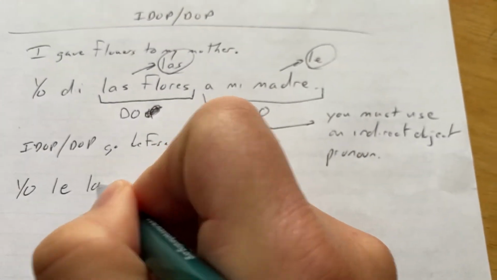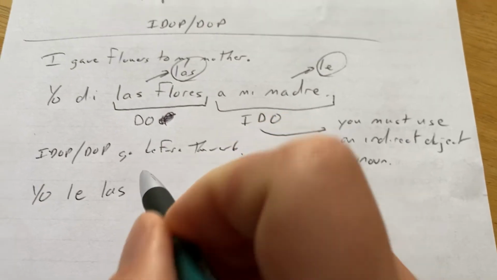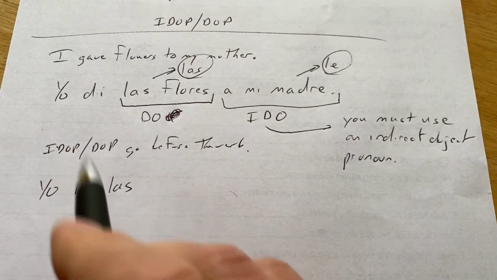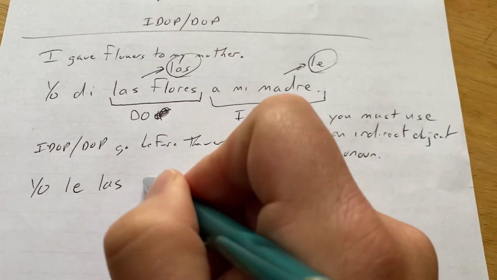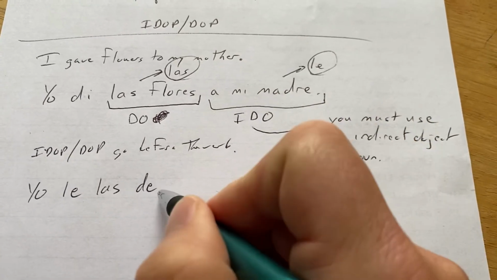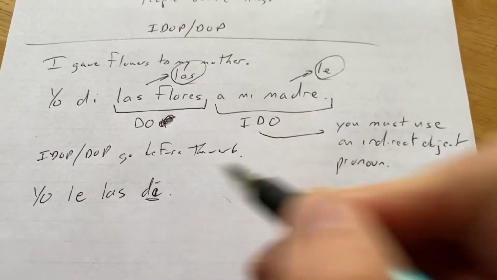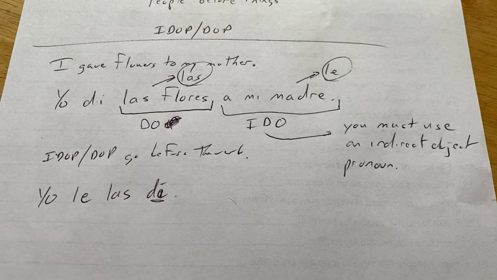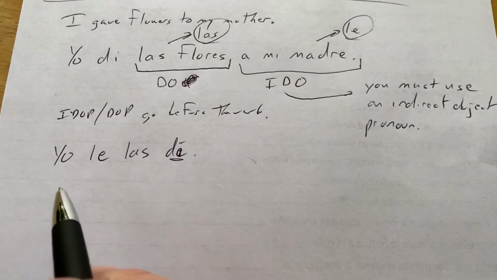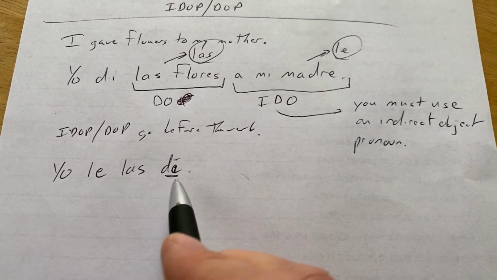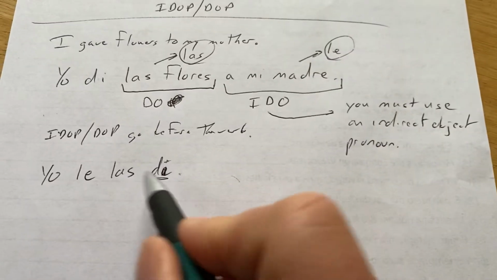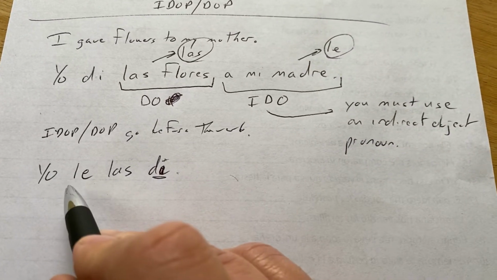Things. And now, notice the rest of the sentence. Yo le las di. Oh, sorry, misspelled right there. Di. Wait, hold on. That's it? I gave, that's an I, them to her.